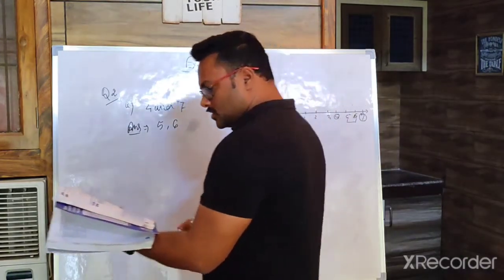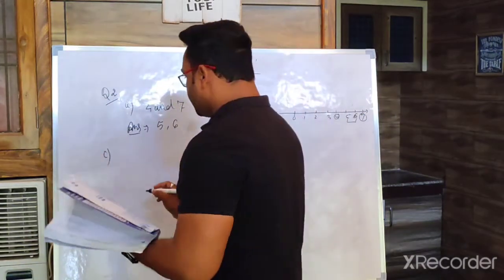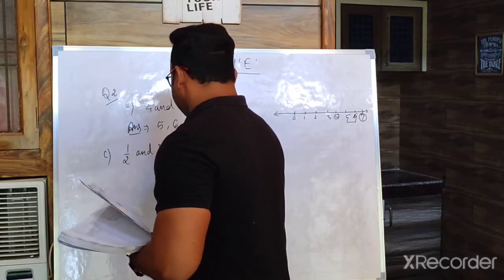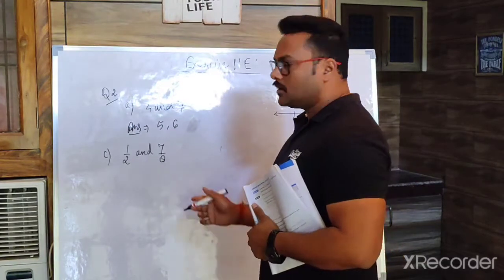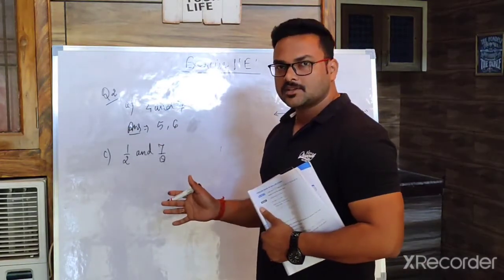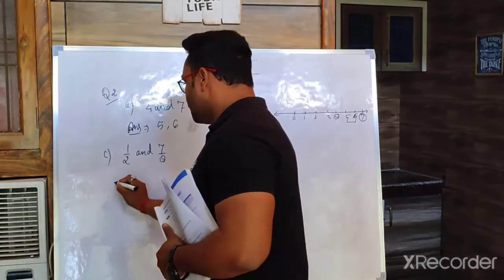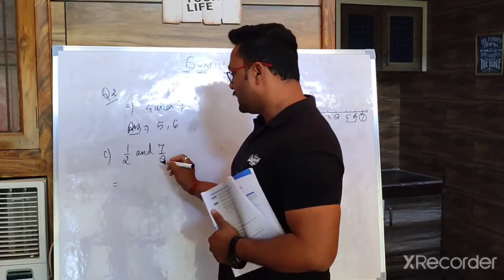Now in this question number C, 1 by 2 and 7 by 8. So I will make it equivalent fractions, and then I will find the rational numbers between. So 1 by 2 and 7 by 8, when you make it equivalent, LCM will be 8.